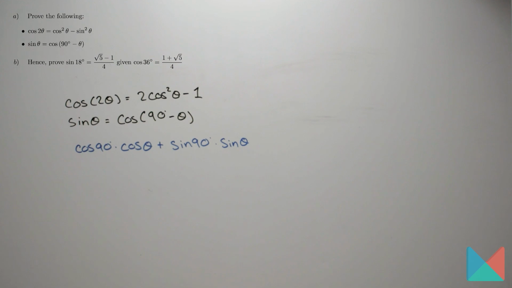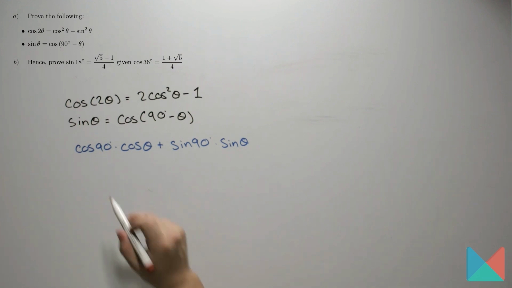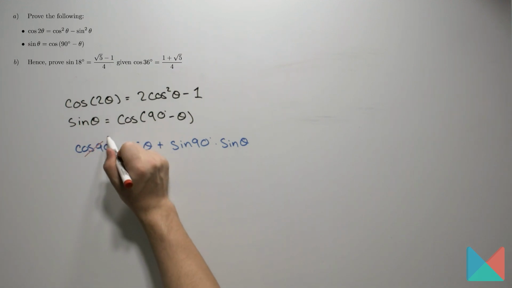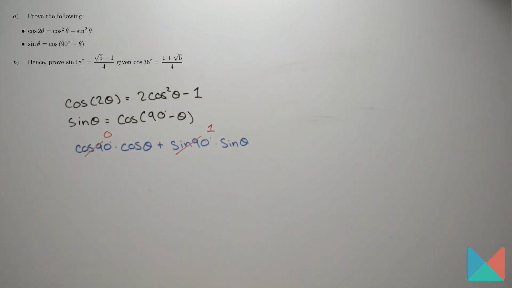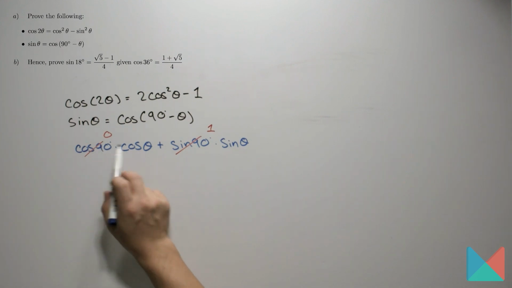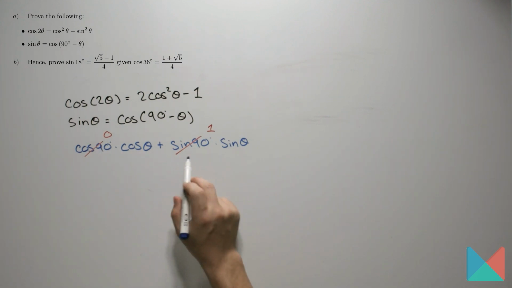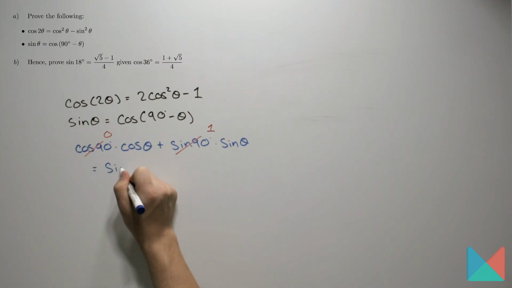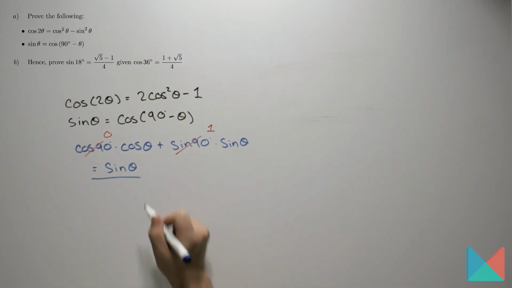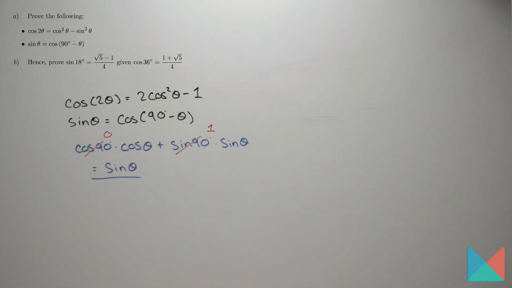And by substituting in our exact values, we know cos of 90 is 0 and sine of 90 is 1. And making these substitutions, we get 0 times cos is 0, plus 1 times sine is just equal to sine of theta. And so we have proven that cos of 90 take theta is equal to sine.